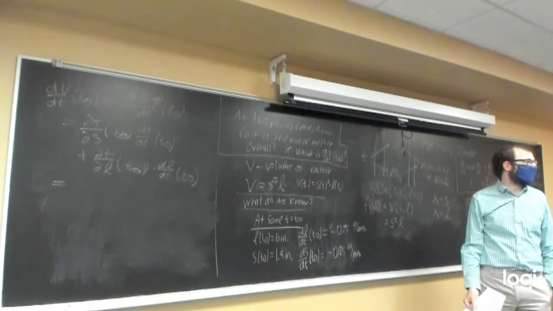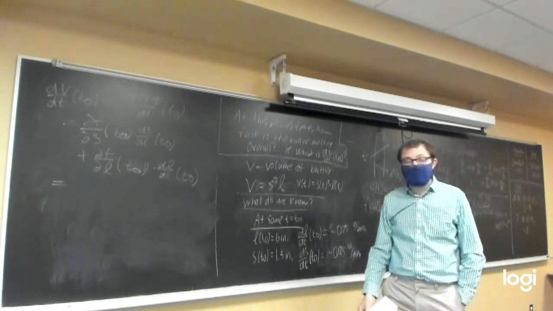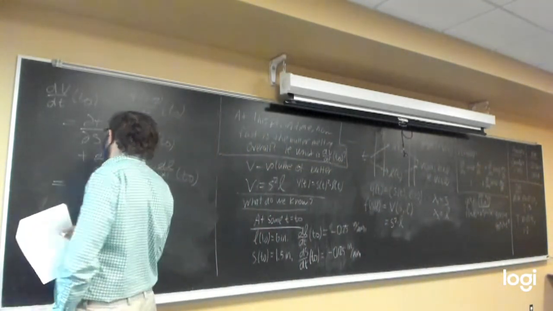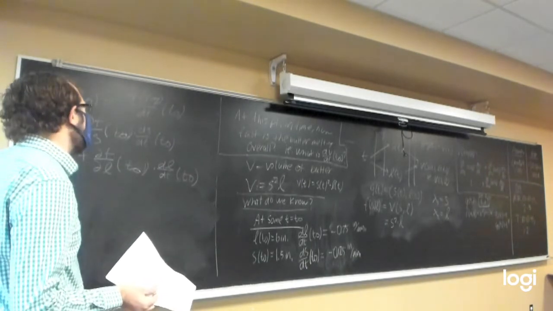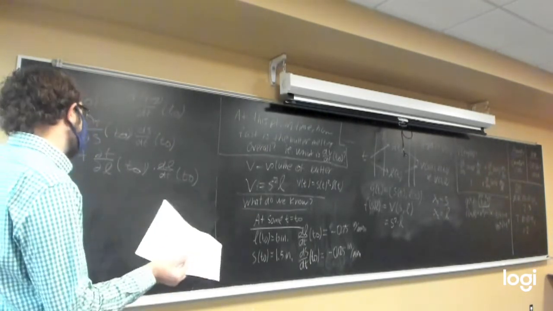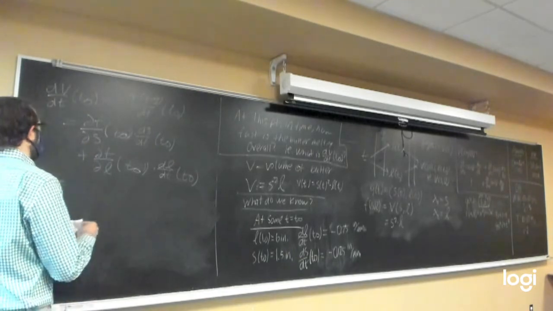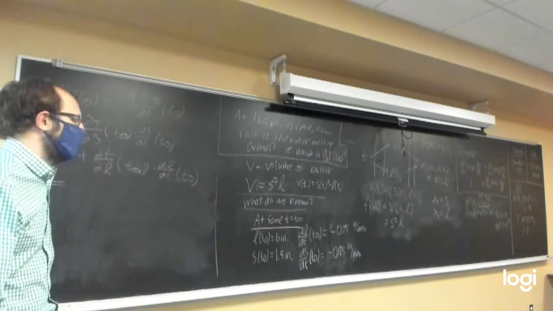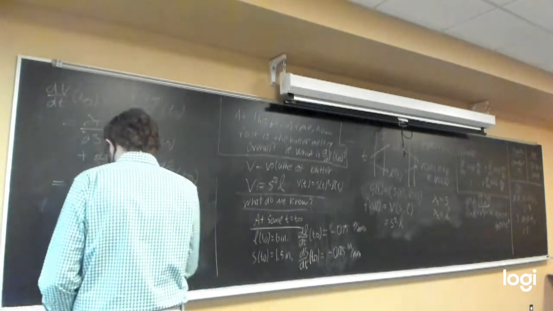Okay, sure. So let's start plugging in things. We know what ds dt is at t naught. We know what dl dt at t naught is. What's del f del s going to be? That's something we don't know yet.